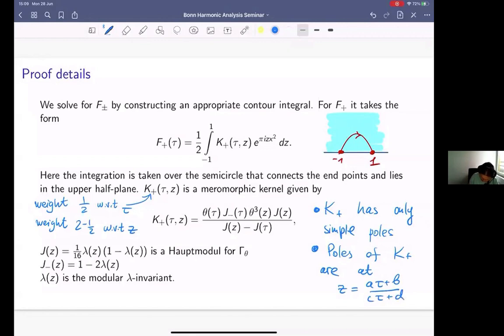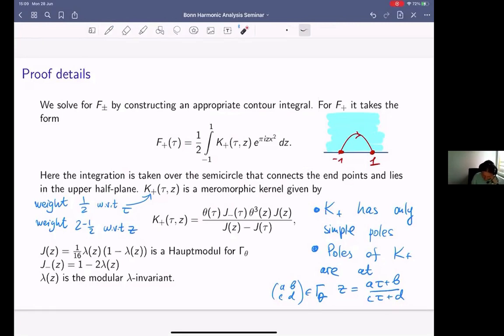If the matrix ABCD has to be in this group gamma theta, which is a congruence subgroup, I think, of level 2, the one which plays an important role in the transformation rules for the theta function.